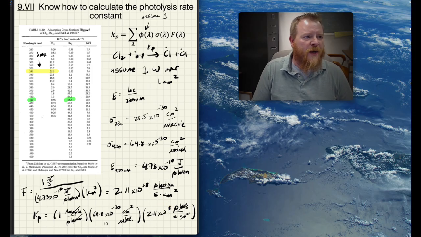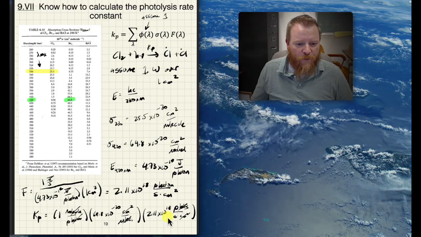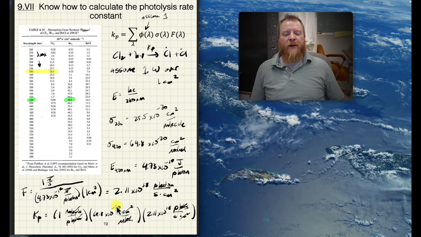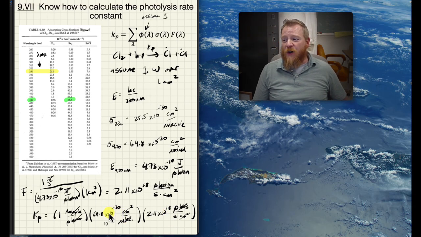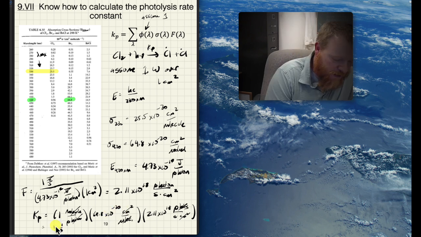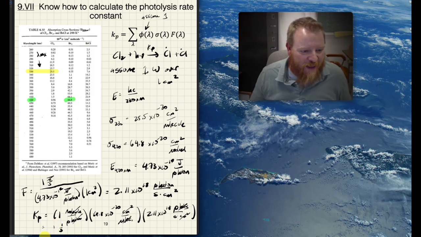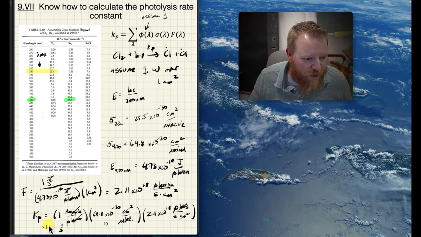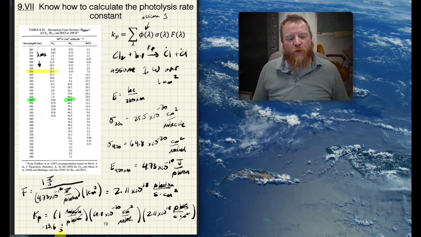You finish off that calculation, but what I wanted to show you here is that the Kp values are typically around 1 to 10 or so. So 13.6. I said between like 1 and 100, so that was pretty good. So 13.6 1 over seconds.